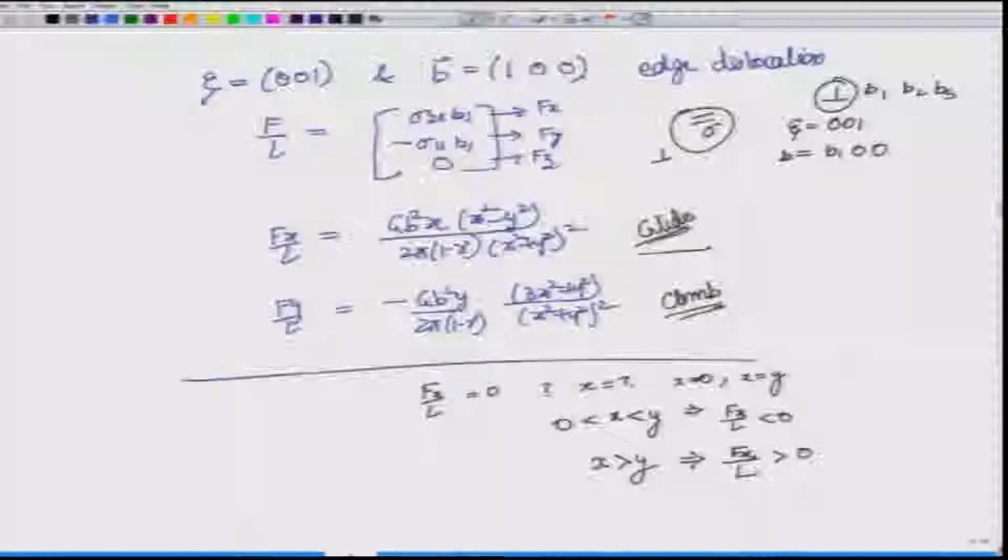Now, if you try to plot this, how would it look? Let us see how this plot looks. On the y axis we have Fx by L, but on the x axis we will keep x in terms of y, meaning we will plot it in terms of how many y, because, if you remember from the stress field, it changes at 45 degrees, and therefore it is much easier and more meaningful to understand with respect to y.